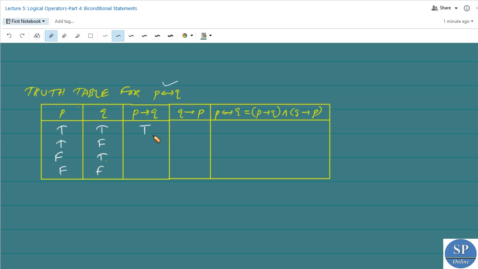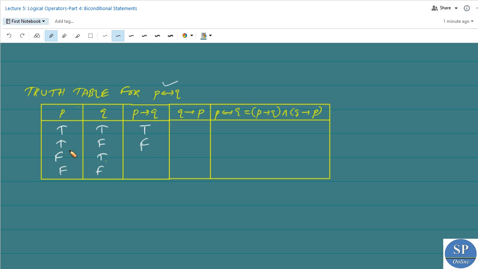So when the truth value of P is T and the truth value of Q is F, then the truth value of P implies Q is F.